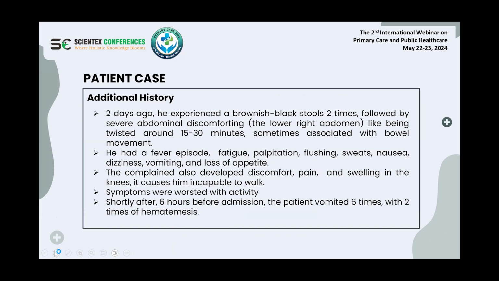He also developed discomfort, pain, and swelling in the knees, which made him unable to walk and worsened with activity. Shortly after, 6 hours before admission, he vomited 6 times with 2 episodes of hematemesis.